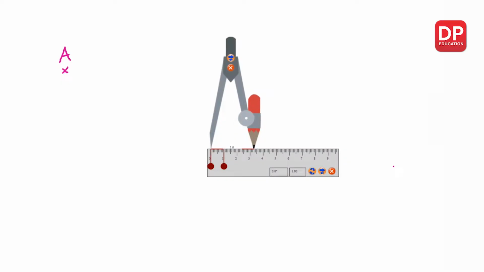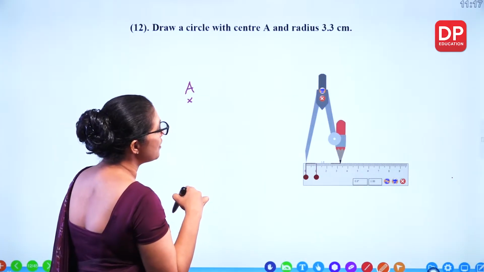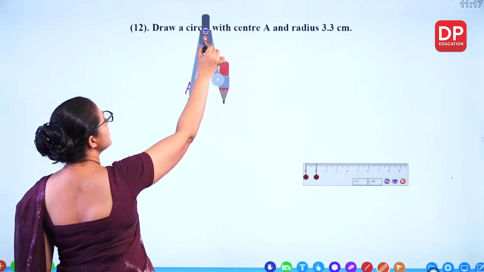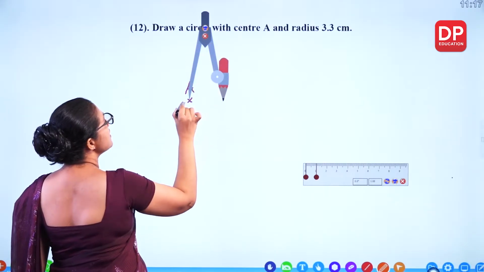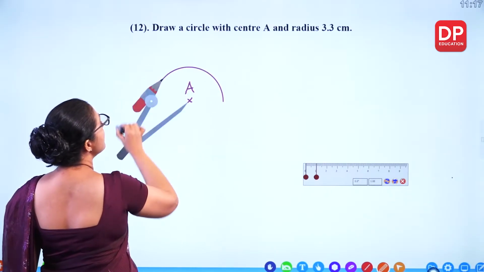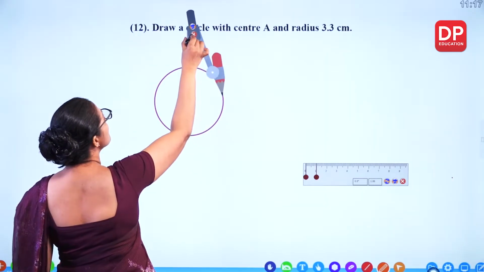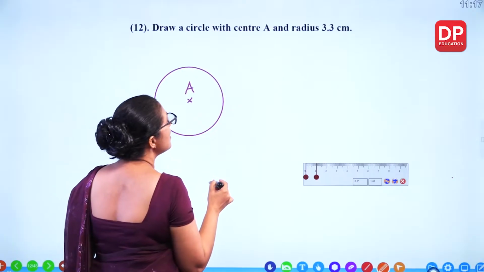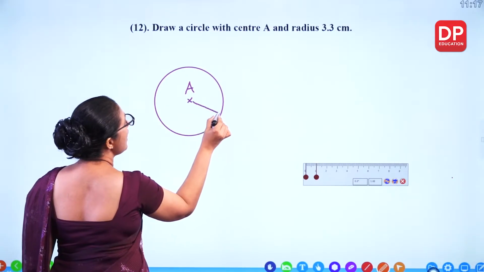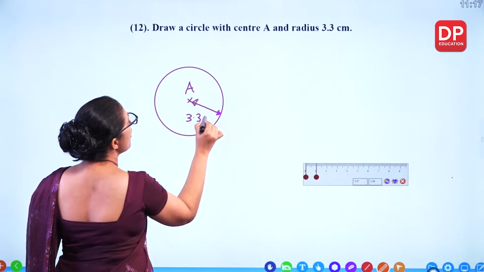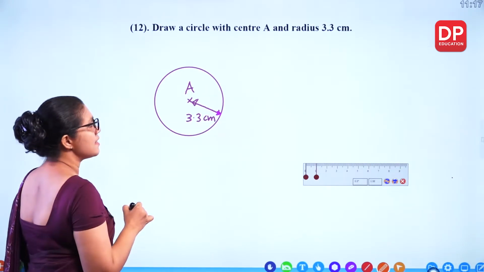So 3.3. Now you can draw the circle. Keep on top of the center A and draw the circle. So this is the circle with center A and radius 3.3 centimeters.